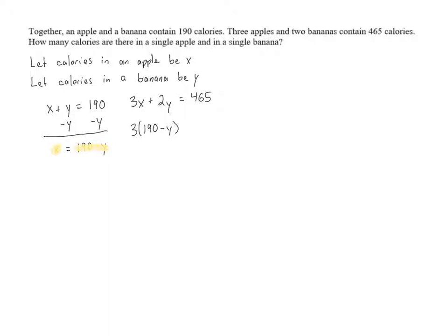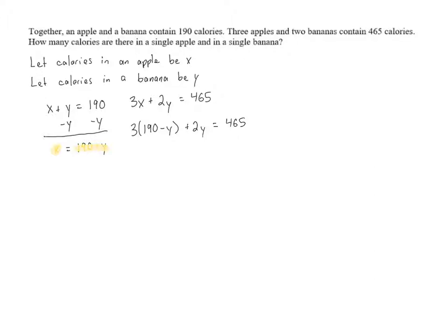We're replacing x with 190 minus y. But we also have the other term, plus 2y, and that's going to equal 465. Now we only have y in the equation, so we want to solve for y.